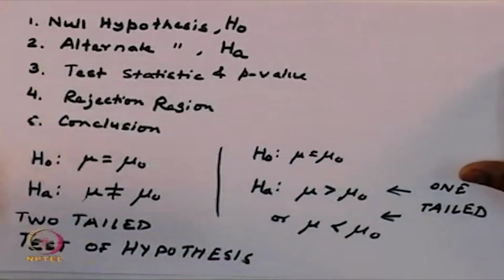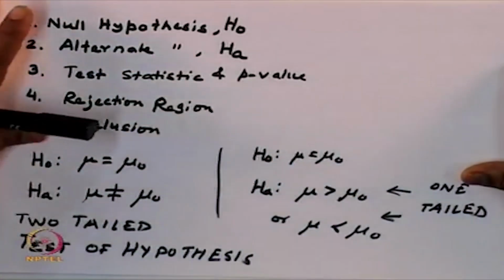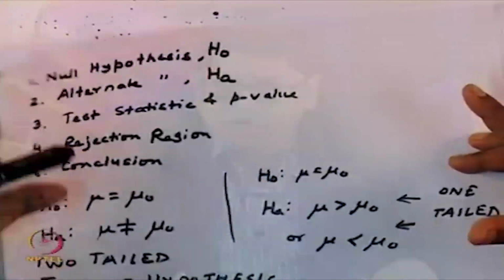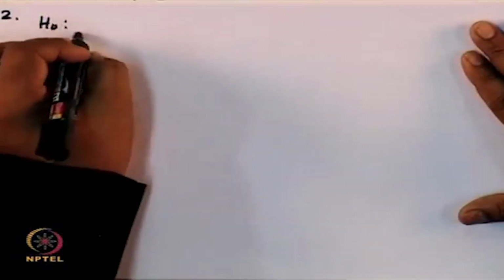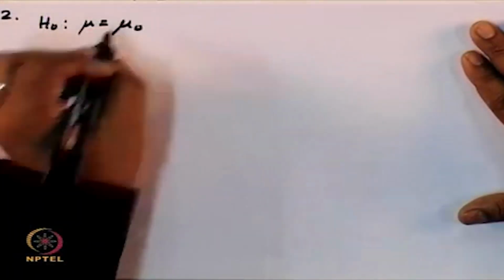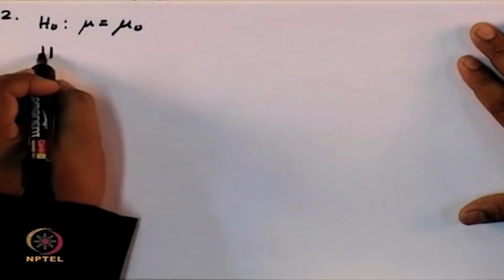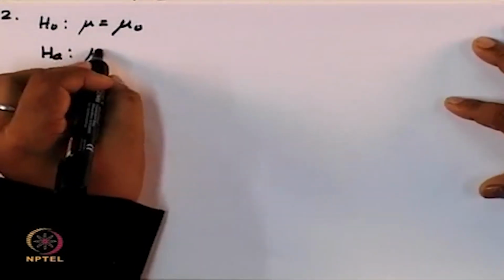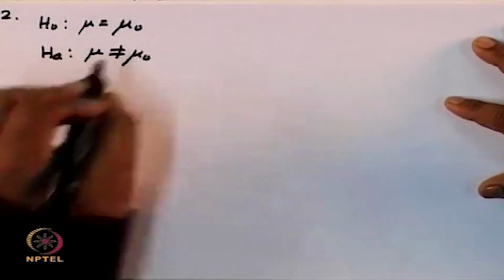Okay. So, when we talk about two-tailed test of hypothesis or one-tailed test of hypothesis, what do we mean? Okay. Once again, your H naught says, let us say, mu is equal to mu naught in this case, and your H A is mu not equal to mu naught.